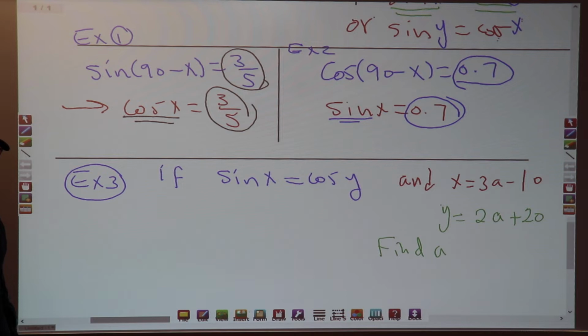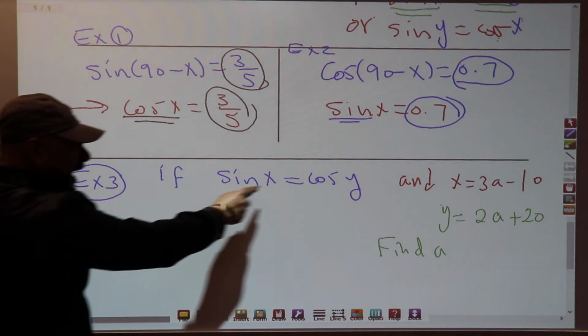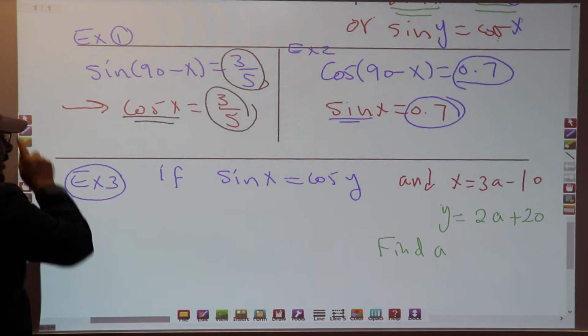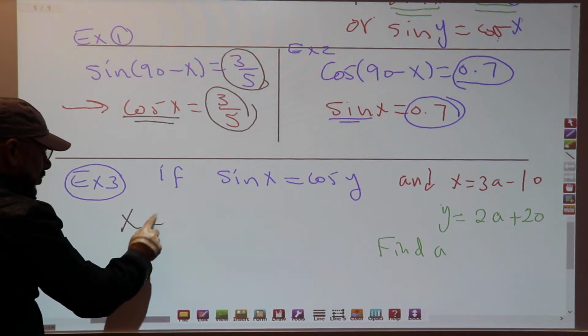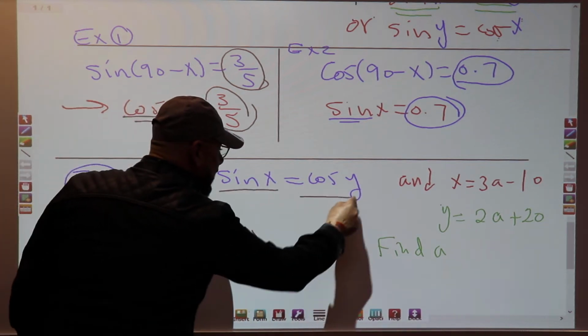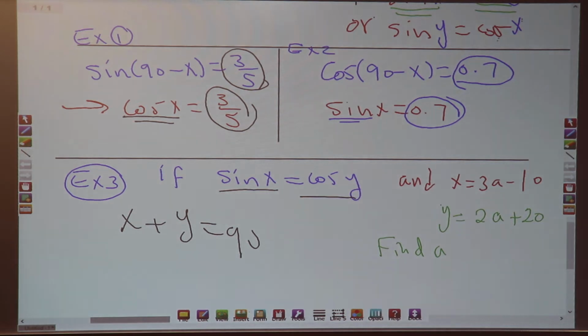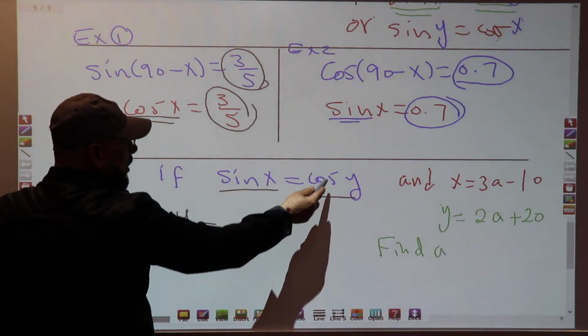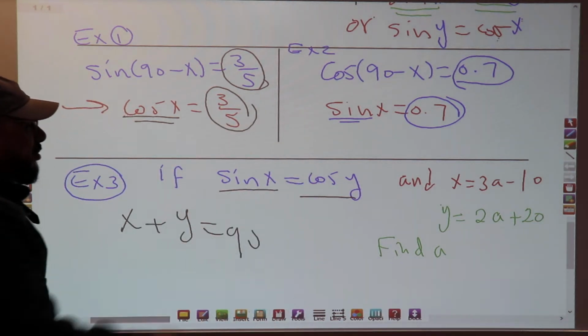If sine equals cosine, that means x plus y equals 90. Good job. Quickly, sine equals cosine, then x plus y equals 90. They will not confuse me if they put sine A equals cosine B, or whatever letters they use.